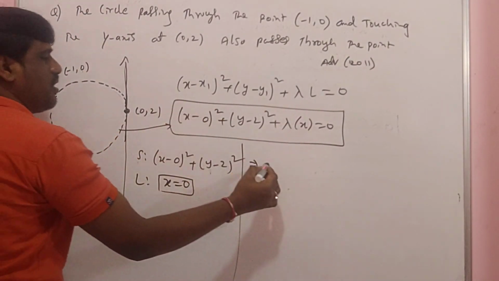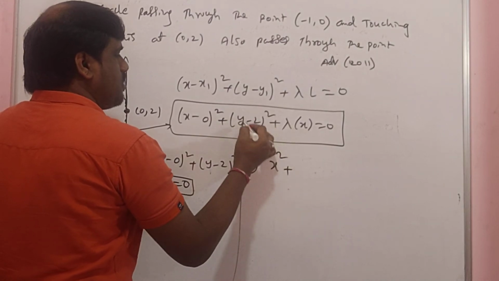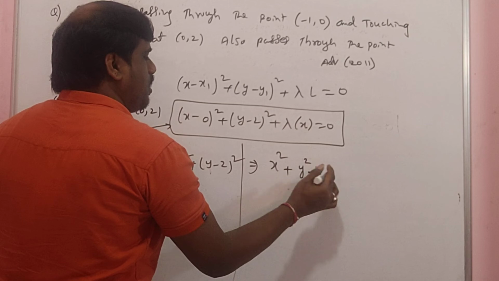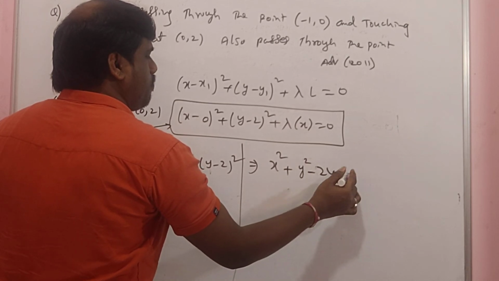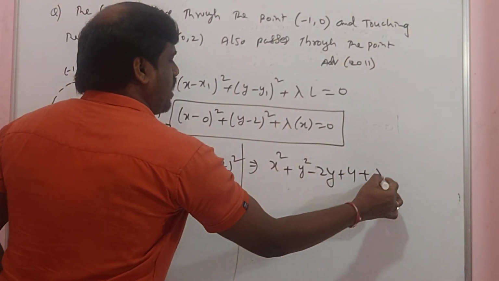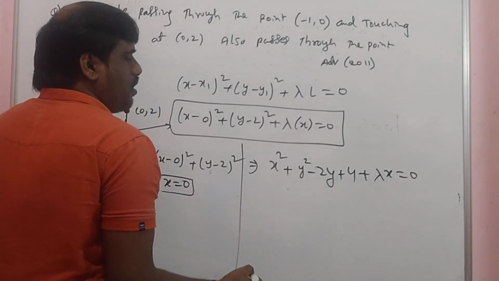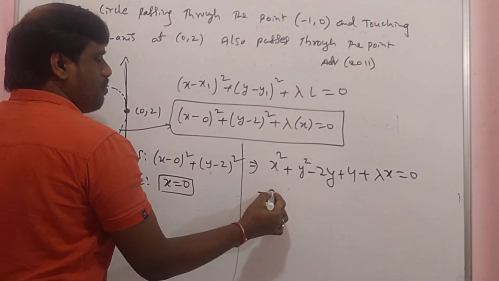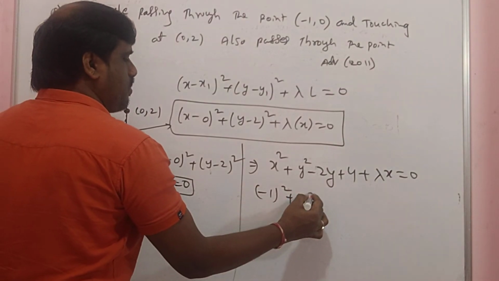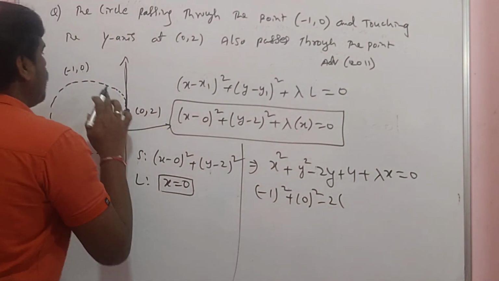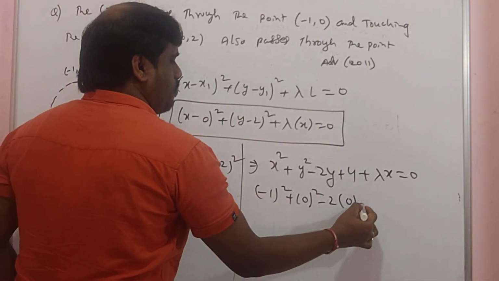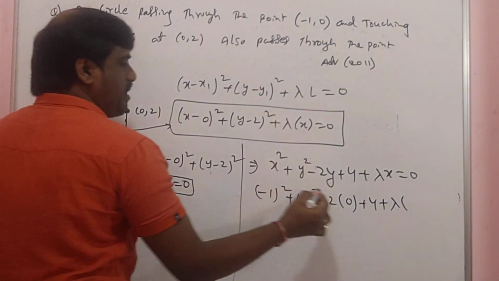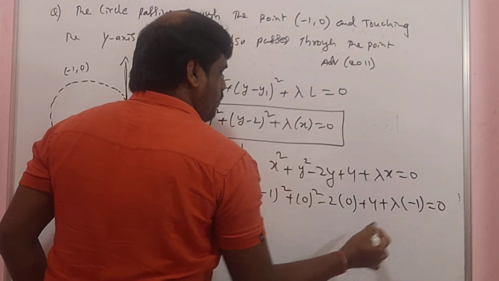Now this will be x square plus y square minus 2y plus 4 plus lambda x is equal to 0. In this you substitute minus 1 comma 0. So (minus 1) square plus 0 square minus 2 into 0 plus 4 plus lambda into minus 1 is equal to 0.